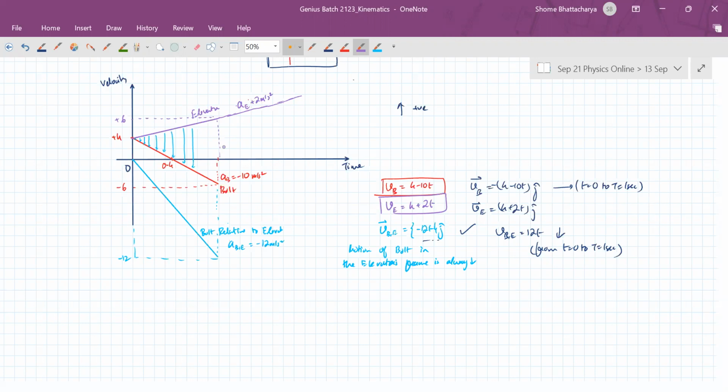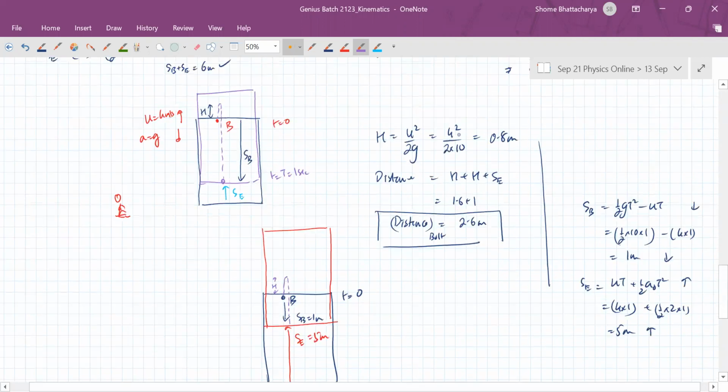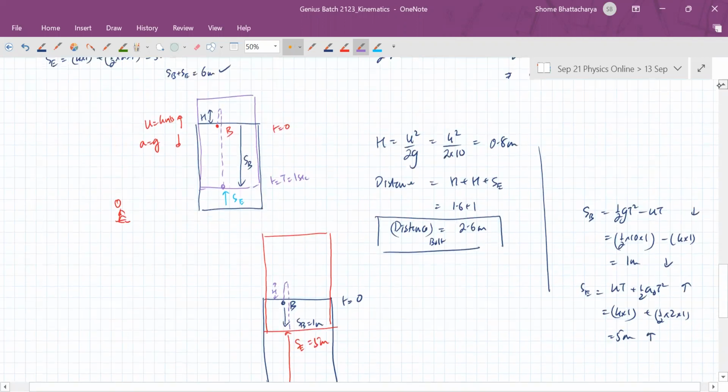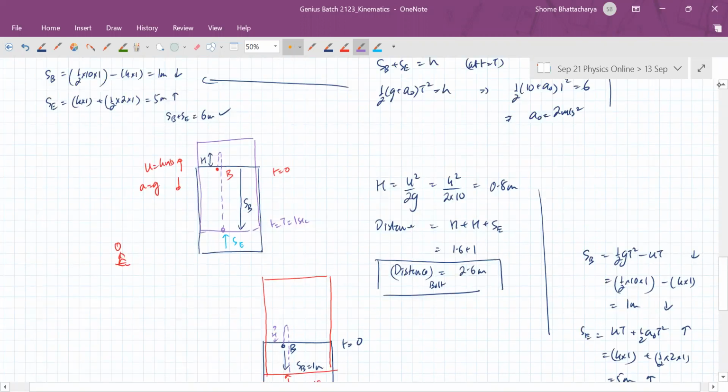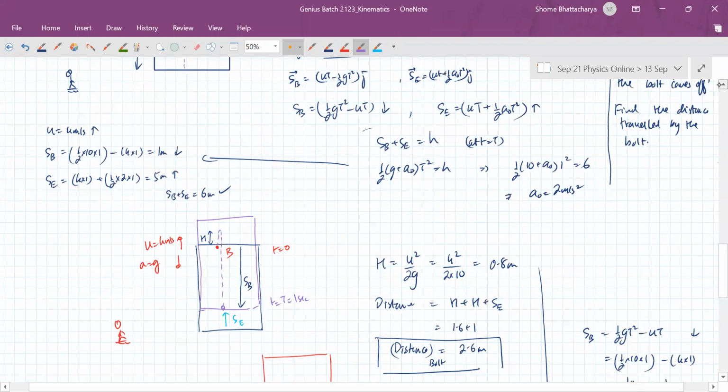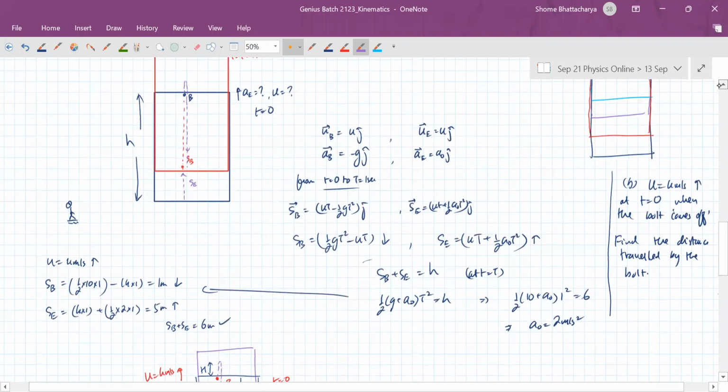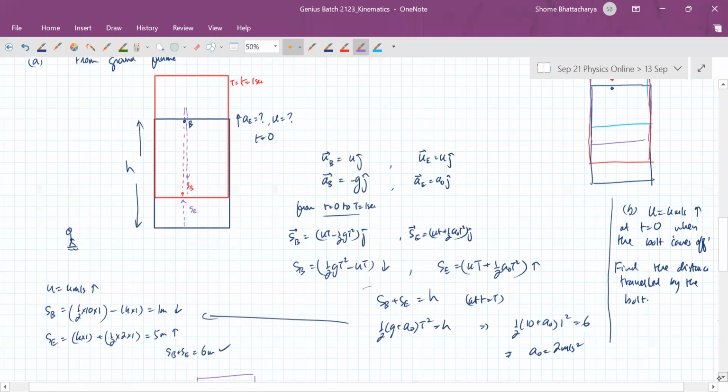So can you show the B part? Sure. So B part, we are calculating the distance traveled. Okay, so this is the A part.